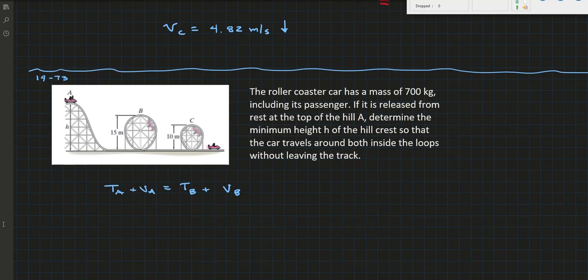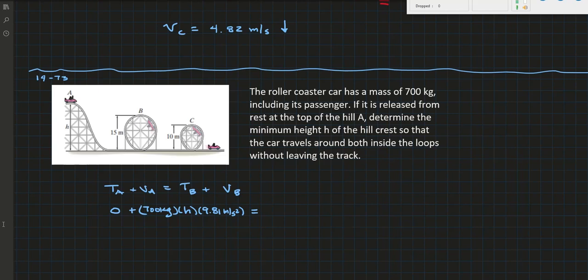Now, since our kinetic energy initially is 0, because we have no velocity to start with, we have a 700 kilogram car that is up a height h times 9.81 meters per second squared for our potential energy to get this whole thing rolling.